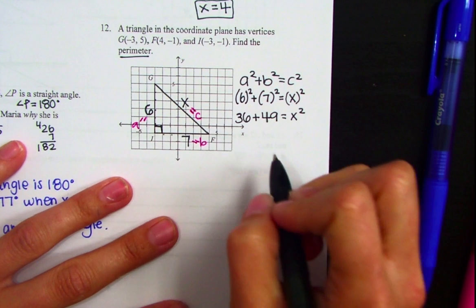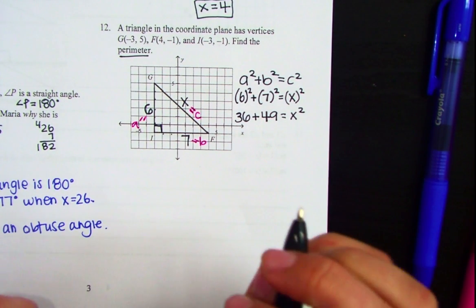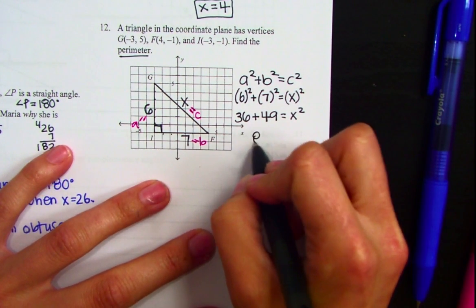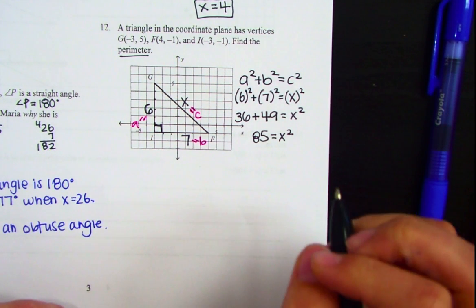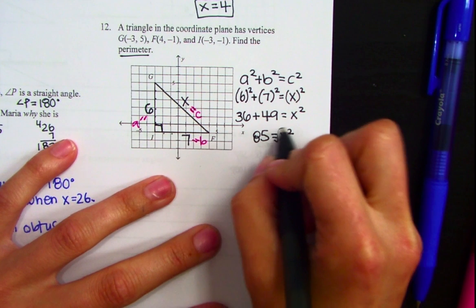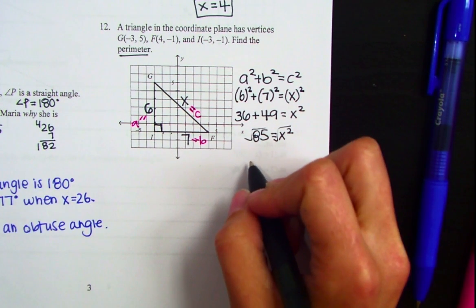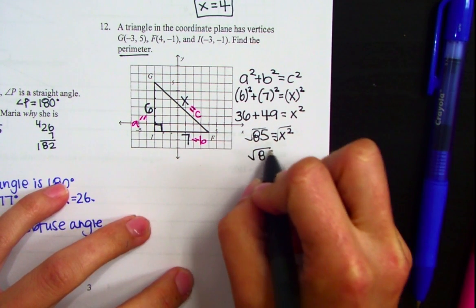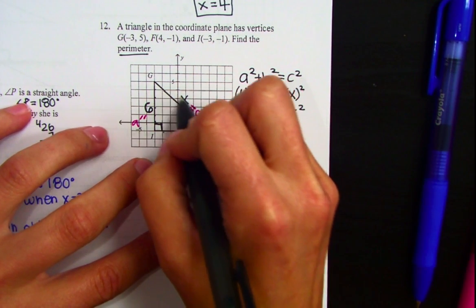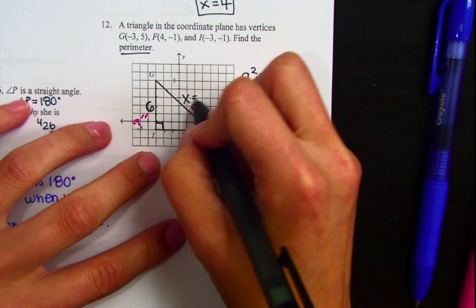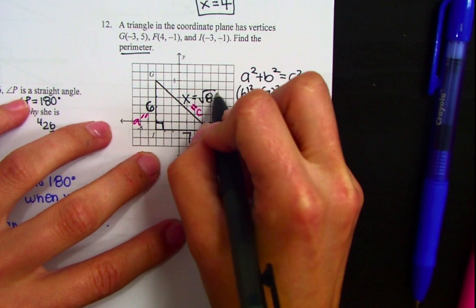So 36 plus 49 is going to give us 85. That's equal to x squared. And then my last step to solve for x would be to take the square root of both sides. x is equal to the square root of 85. So I know that this hypotenuse right here is the square root of 85.